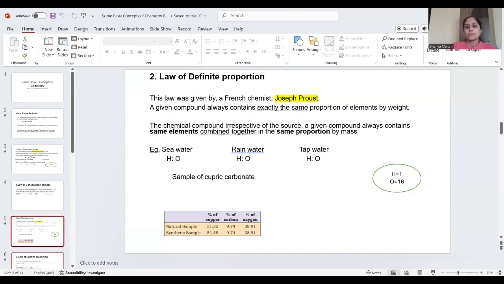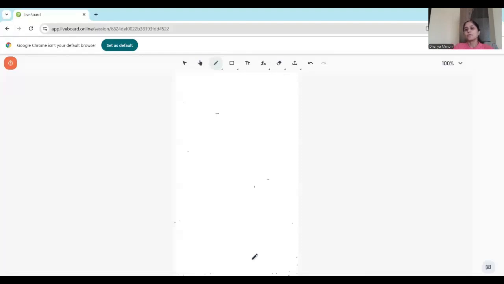So, in water, the simplest example of the law of definite proportion which I can give is water, okay? This law states that irrespective of the source, a compound is made up of elements combined in the same proportion by mass.